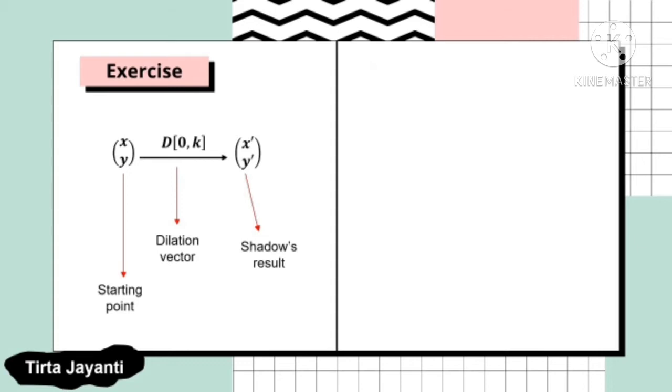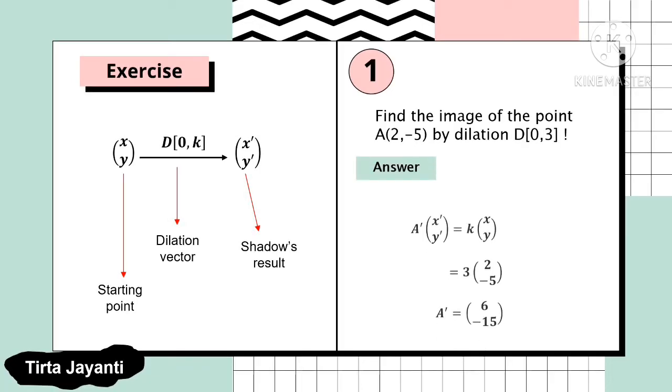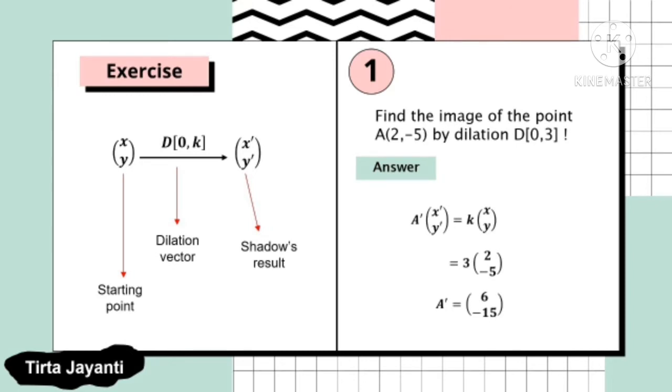For the example, find the image of the point A(2, -5) by the dilation D[O, 3]. So, the answer is we need to find A prime by finding its matrix (x prime, y prime). The matrix (x prime, y prime) is equal to k times the matrix (x, y), where k is the scale factor.